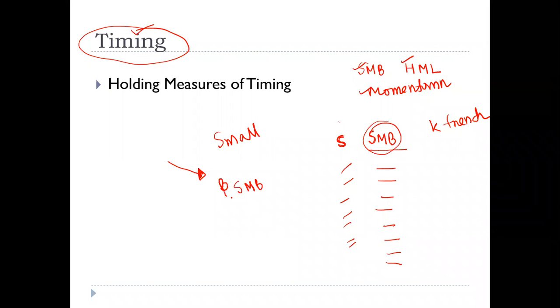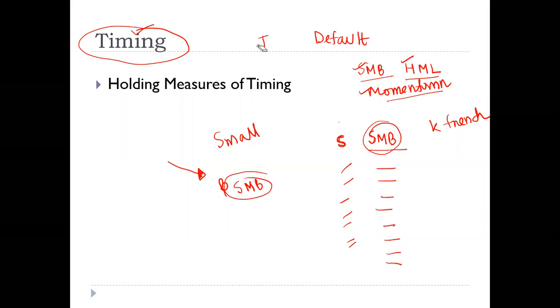You tend to include those stocks which have a higher beta in the SMB factor, and you tend to sell off those stocks which have low beta with this SMB factor. Got it? So you need to recognize those factors, and those factors are commonly SMB, HML, momentum in the stock return. And for the bond return, the factors commonly known are term factor, default factor. We'll learn more about it later.